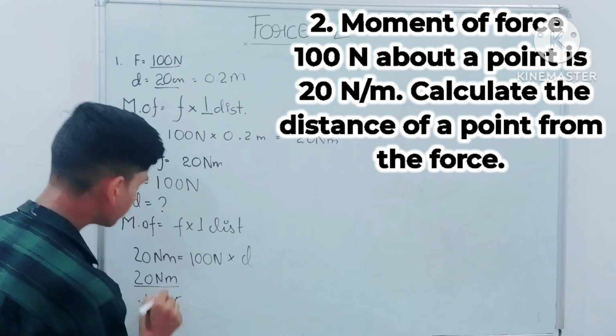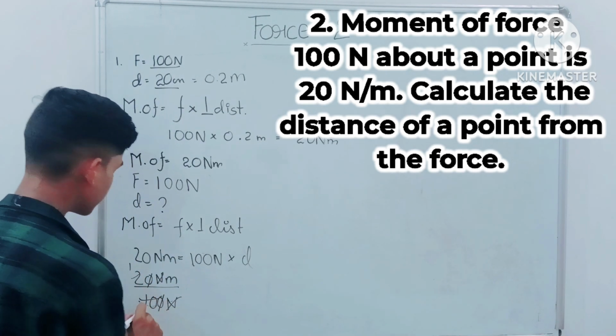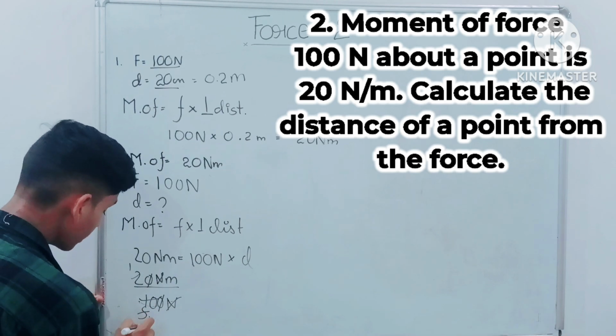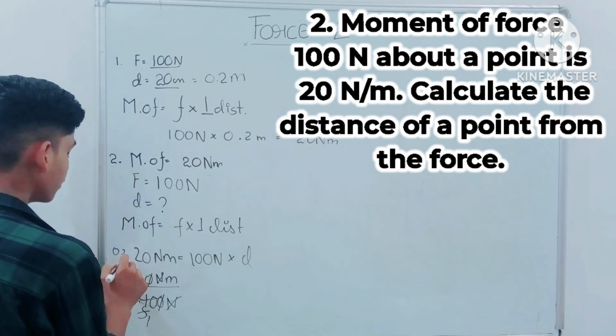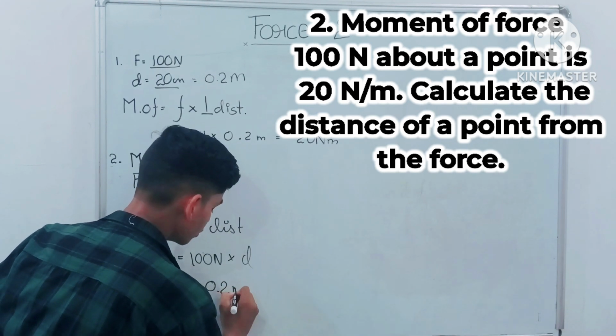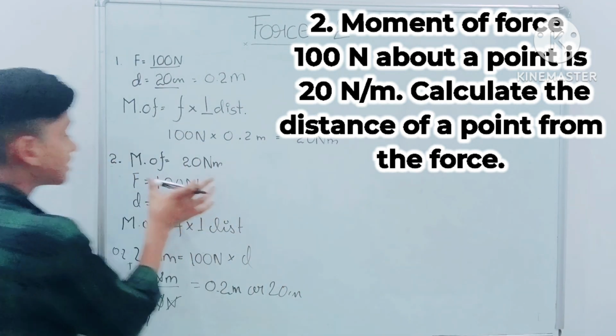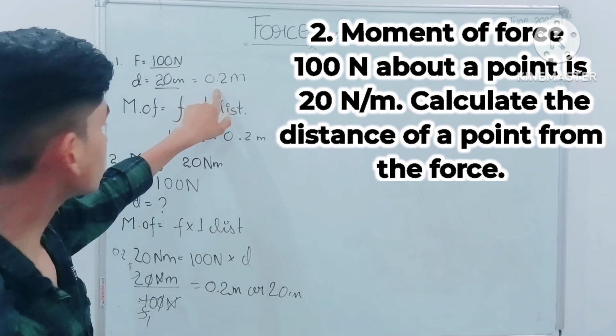Newton will cancel, 2 1s are 2, 2 5s are 10. So in decimal it is 0.2. That means the distance is 0.2 meter or 20 centimeter. It is same as the first question.